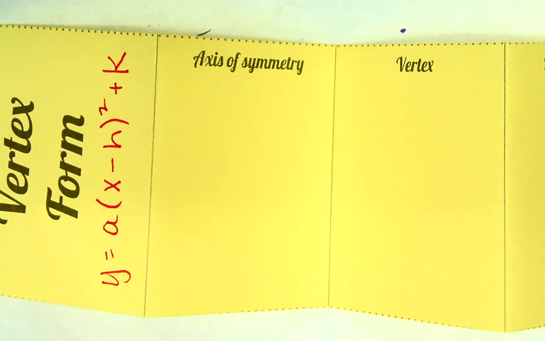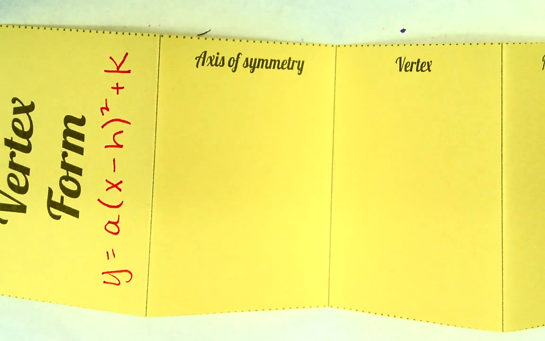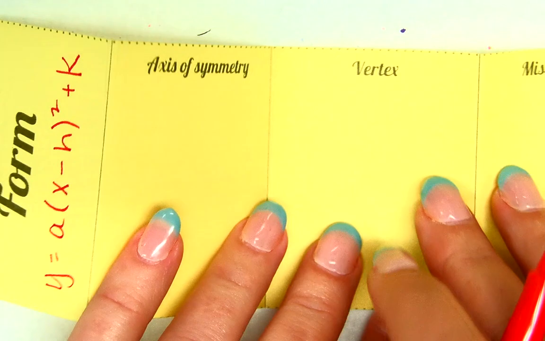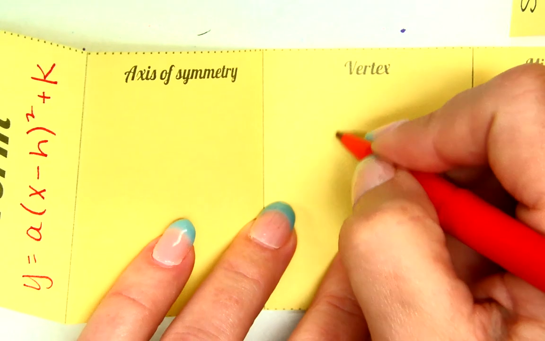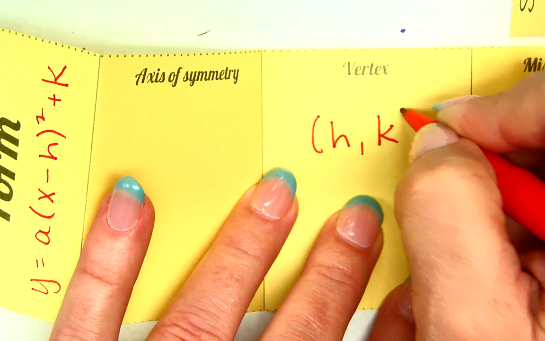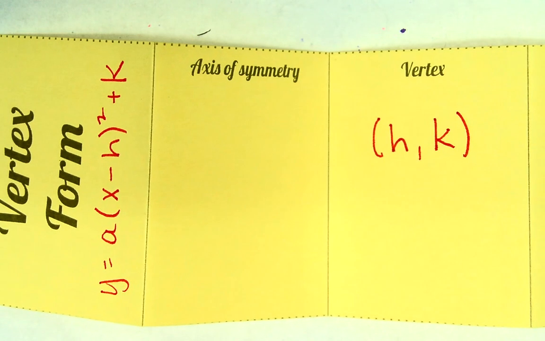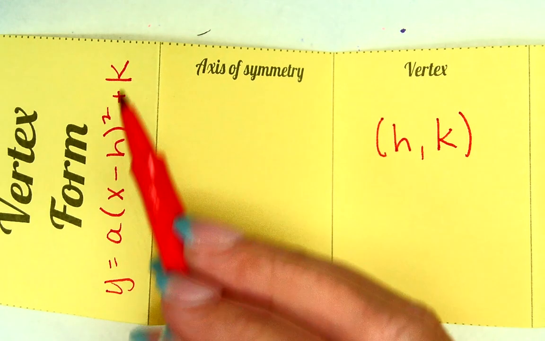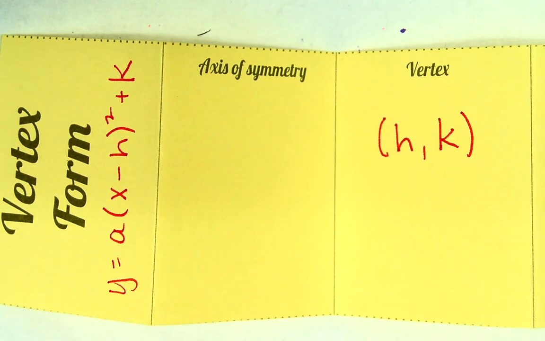Does it seem logical to you that the vertex would be really easy to find if the form is called vertex form? Yes? Okay. The vertex is at h, k. See how easy it would be to find the vertex if it's in vertex form?